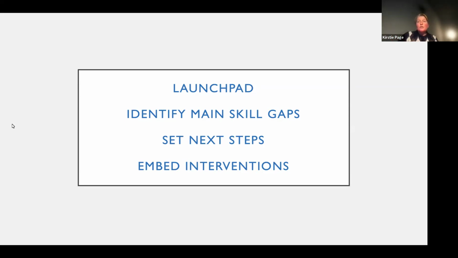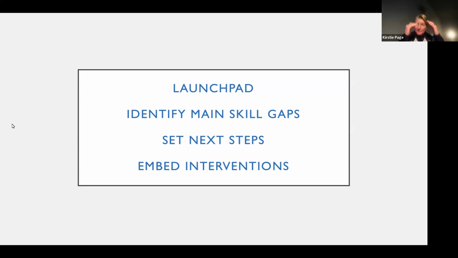And we work towards a point where we can identify the main couple of skill gaps that are acting as a barrier for this child, the main reason why they're not moving towards age-related expectations, and where me and my team need to put our embedded intervention efforts.